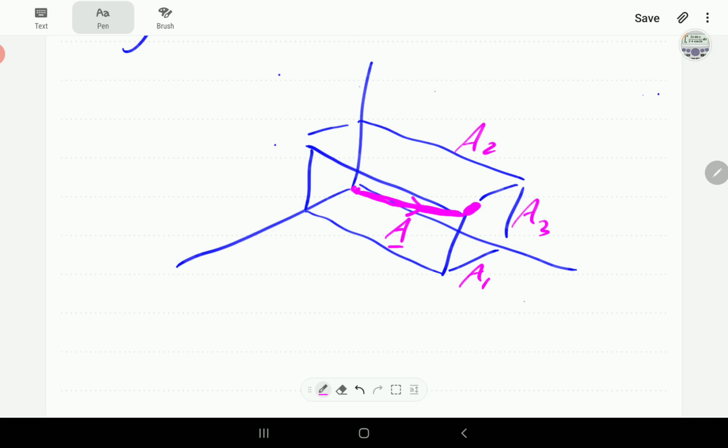So it means the coordinates of this point are A1, A2, A3.